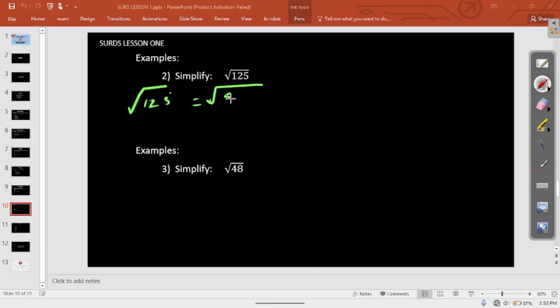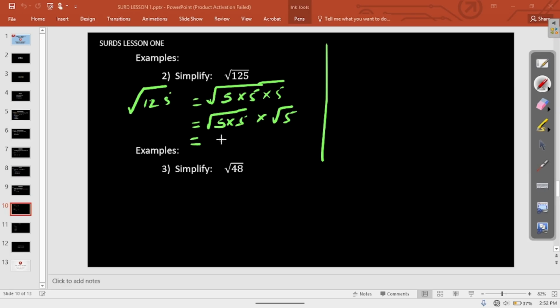So this is going to be 5 times 5 times 5. But then we need to pair common factors in pairs of 2's because it is a square root. So the first 2 5's, we are going to put them under their own square root. Then the other one also, we are going to put it under its own square root.